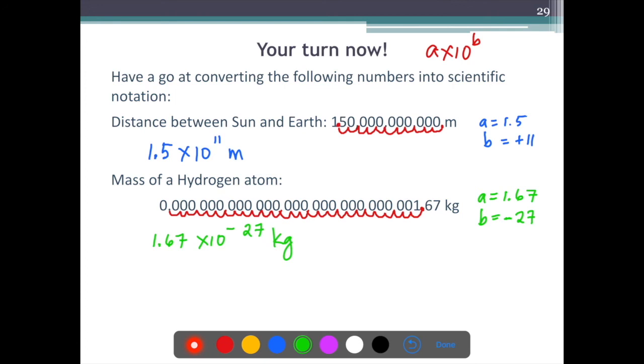All right, so notice here, if you have a positive exponent, a positive power, a positive B, that means that your number is greater than 1.